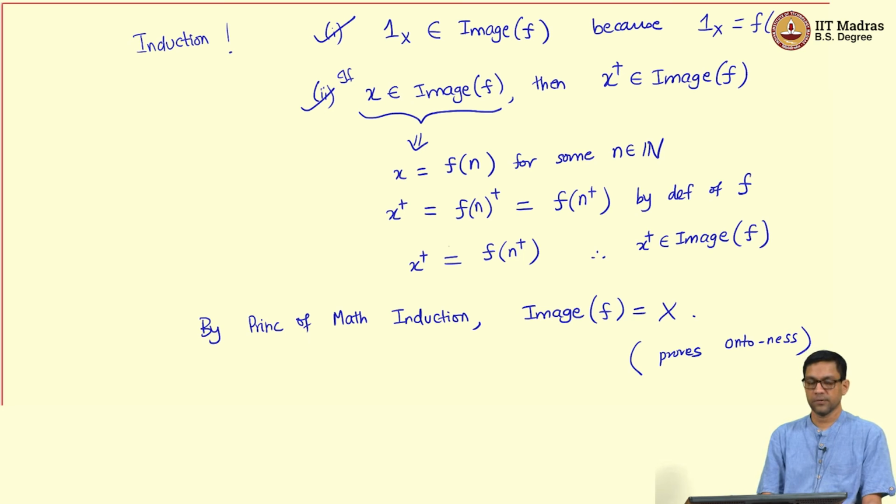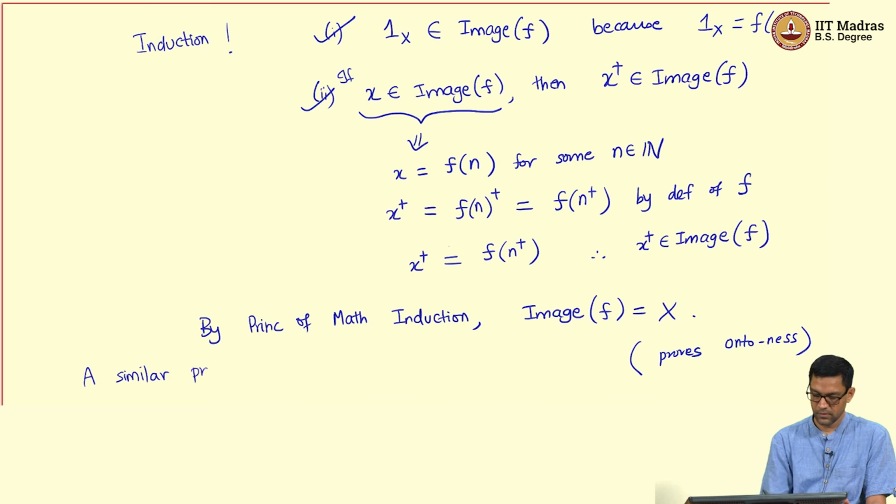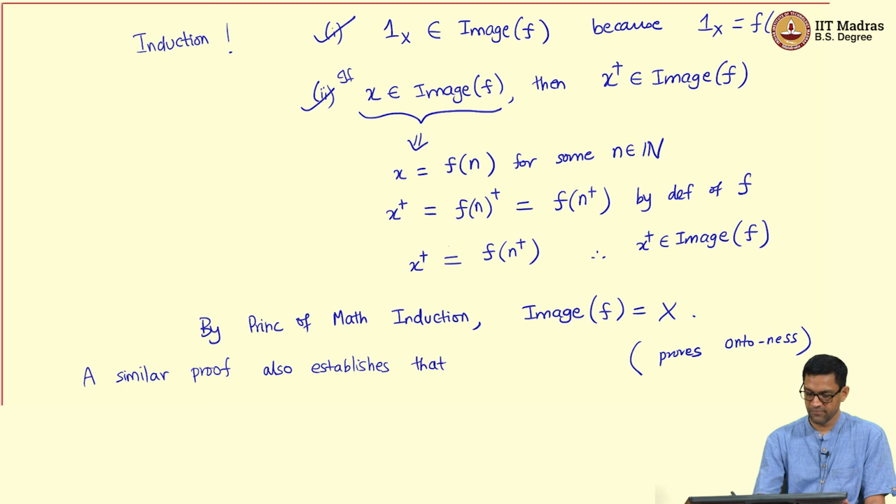Okay. So, we have used the principle of mathematical induction to show that this function is onto, but that is only one half of showing it is a bijection. In a similar spirit, and maybe that is something to look at during the exercises, a similar proof, again using mathematical induction, also establishes that f is 1 1, and that shows that it is a bijection.